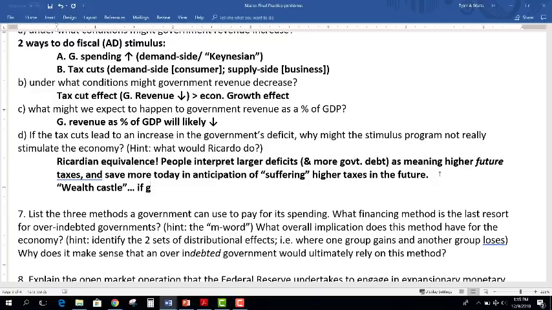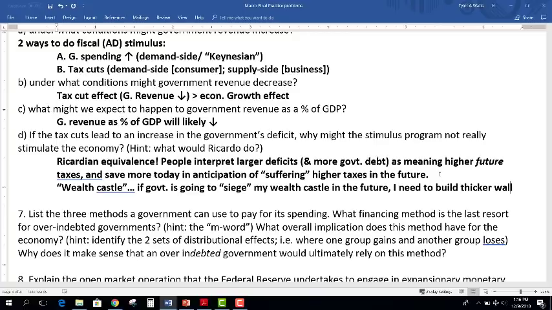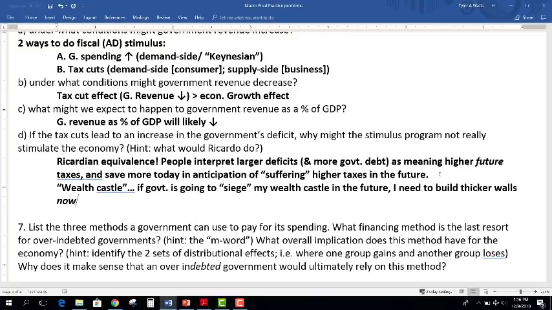If the government is going to, so to speak, siege my wealth castle in the future, I need to build thicker walls now, which means a higher current rate of savings.